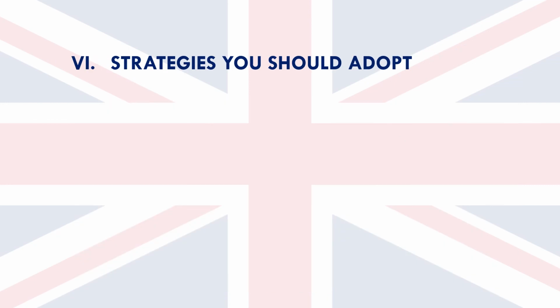What strategies should you therefore adopt? You should apply to an institution, or if you can afford it, more than one institution, that is a good fit, a reach, and a safety.